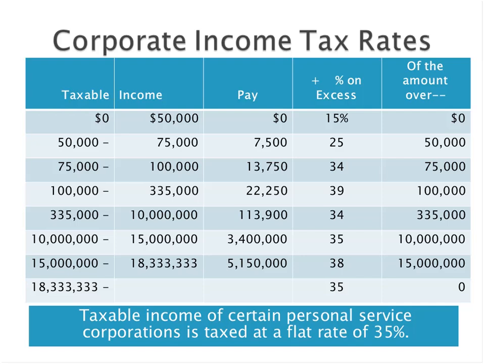Now, if you have an S Corporation and you're paying yourself a wage, you can deduct it as an unreimbursed employee expense. But that's not as attractive of a deduction. Unreimbursed employee expenses are, first of all, itemized deductions, so you have to itemize.